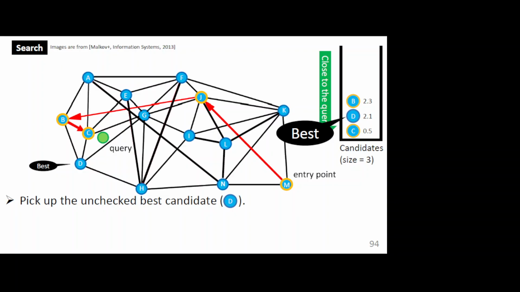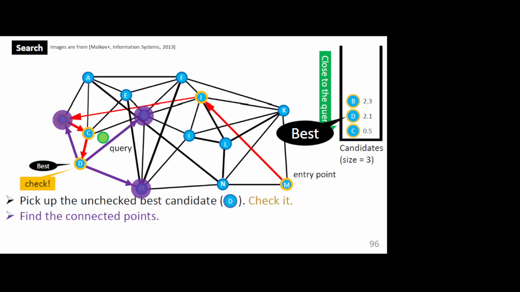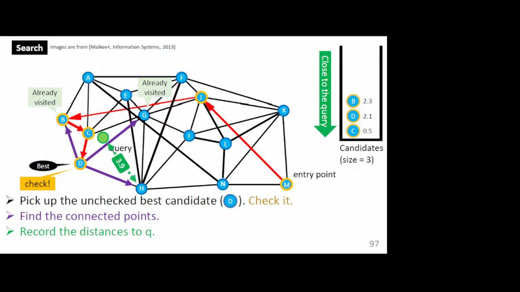In the fifth iteration, because you already checked C, the next best is D. So you check D here, and its neighbors. Some of them are already visited, and this one is a new one.